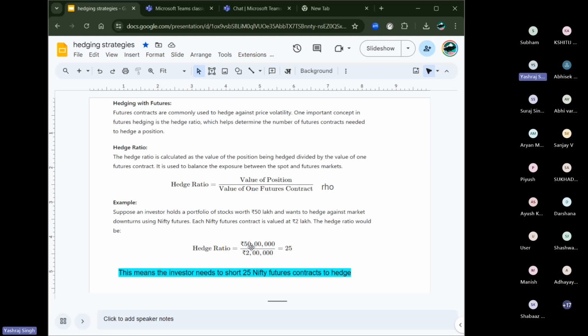If the future is trading below the spot price, if the future is at 2000 rupees and the spot price is 2010, at the end of the expiry they will converge to the same price. That's where we are using this hedge ratio, exposing nothing in the markets, and we are still able to take the benefit of that amount, which is the difference between the future and the stock, right?